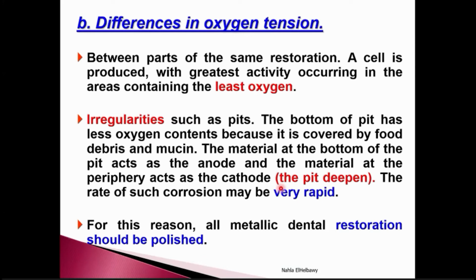On the margins, which are rich in oxygen, this leads to change in electric potential. So if you see, all types of corrosion work on change in electric potential. Due to any reason, if there is change in electric potential, it will result in formation of current flow or formation of an electric cell that will lead to corrosion.